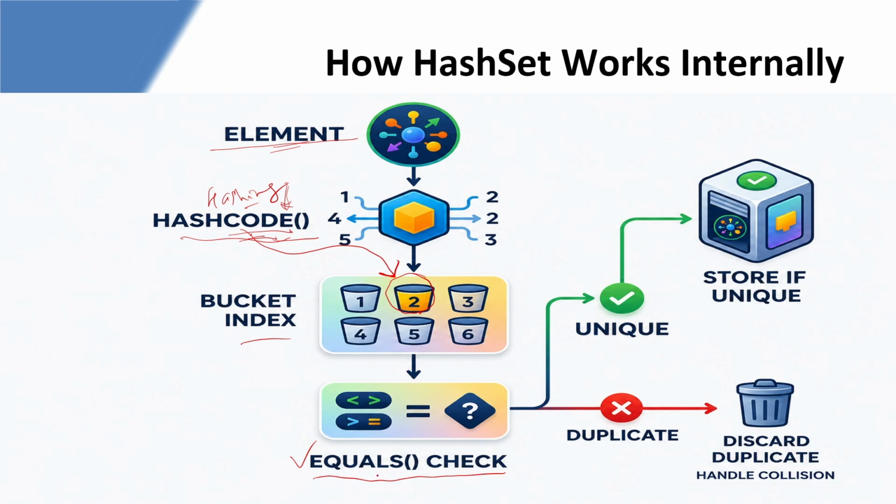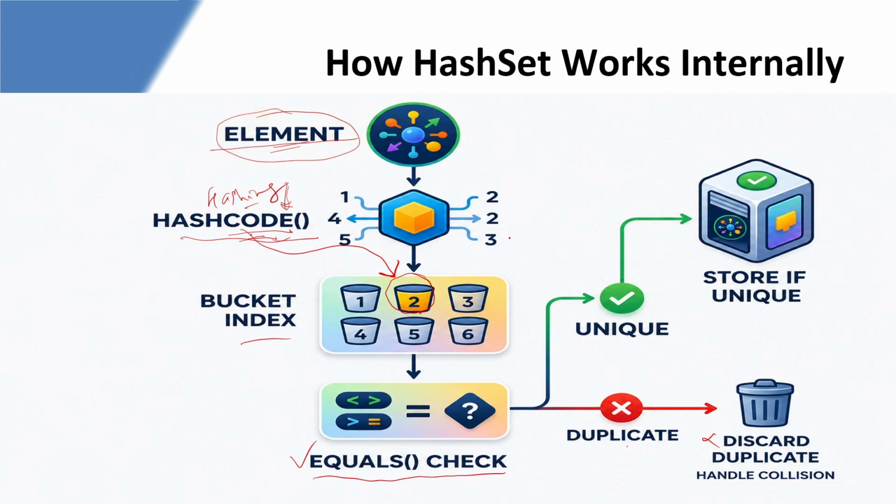So it will utilize these methods to check the equality between the elements present in the same bucket. And if it finds a duplicate among the elements in the same bucket, it will discard it. That means it will not add the new element which we are trying to insert.